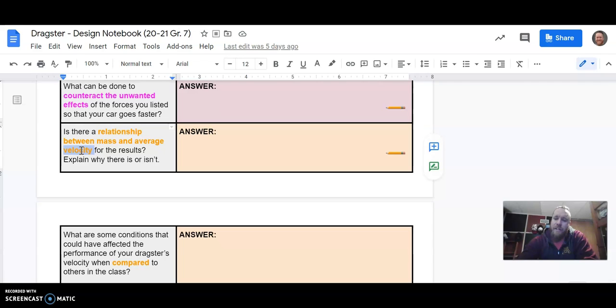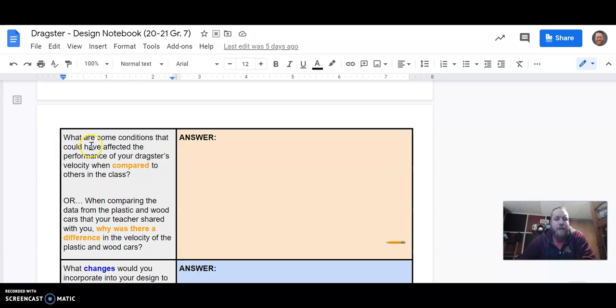Is there a relationship? Does something with more mass typically seem to go faster or slower, or does it just seem like it doesn't really matter? Explain that.